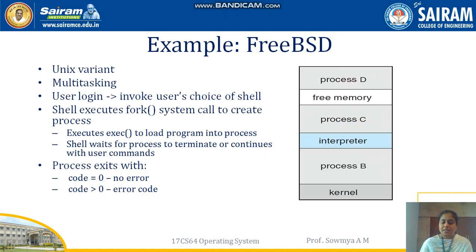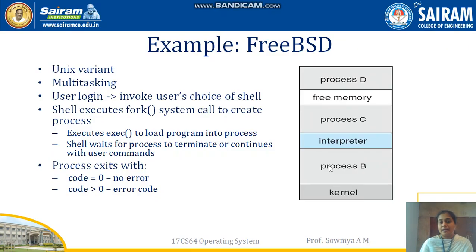FreeBSD is a multitasking system, a Unix variant, where kernel space is allocated in main memory and different processes have blocks of data stored simultaneously, and the remaining space is allocated as free memory for the next process or task.